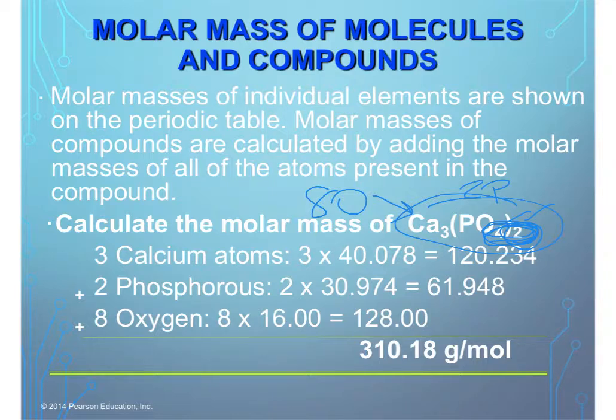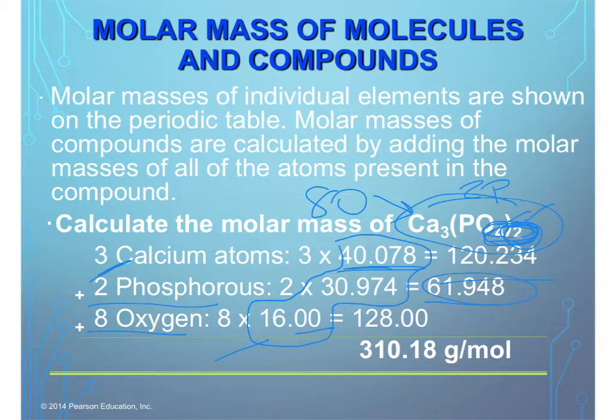All right, so then get the molar masses for each of the atoms in the compound from the periodic table. There are 3 calcium. Each calcium has a mass of 40.078, 2 phosphorus, and 8 oxygen. Now, I think it's very important when you get the molar masses off the periodic table that you never round to a whole number.